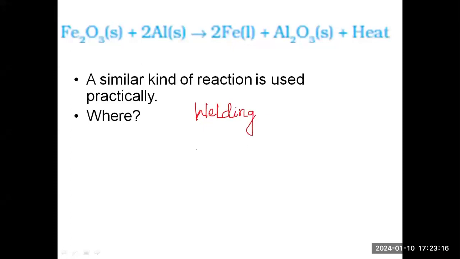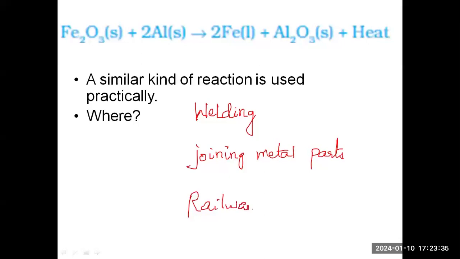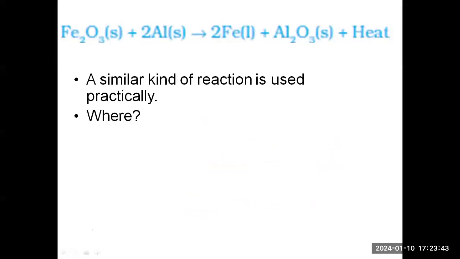Welding is the process of joining metal parts, especially the railway tracks. The railway tracks which have cracks in them are welded using this reaction.